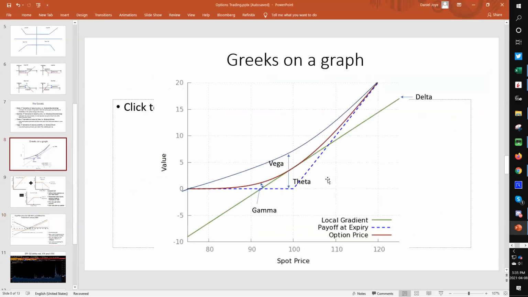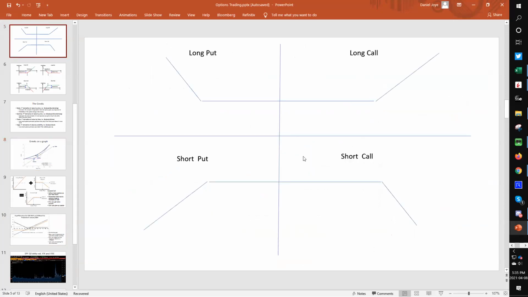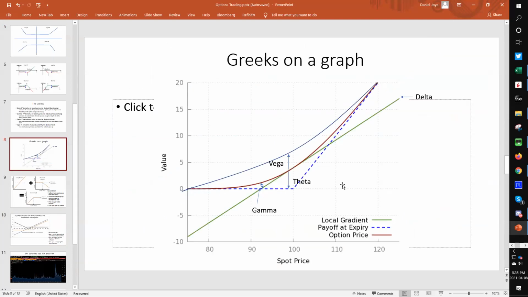Now, the intuitive way of thinking about it is helpful when you're looking at the whole table. If you were to draw this payoff, so this is a long call, and you can do this with all the other ones that I mentioned here, you draw this thing and then try to draw a curved-looking line that touches the points on each tip, and that gives you a lot of intuition on what happens.